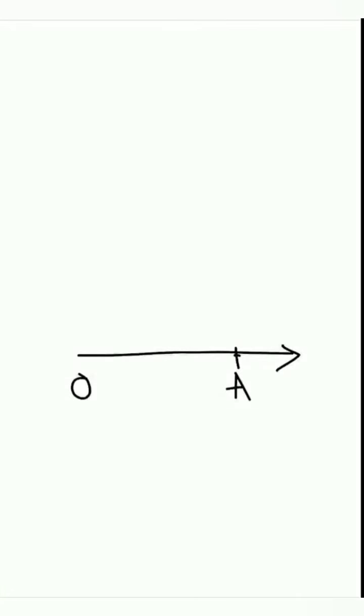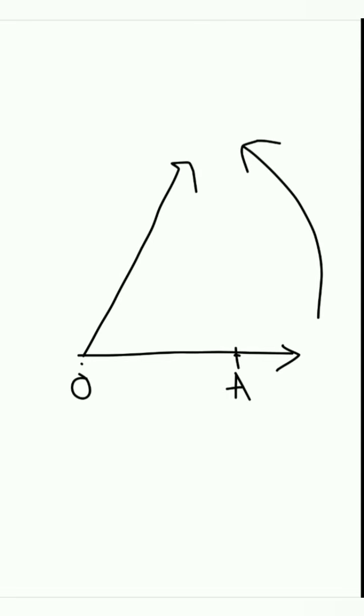Now consider this ray OA. If I rotate this ray in this direction without moving the end point O until this point, we will get a figure like this, and the space obtained in between these two rays is called an angle.